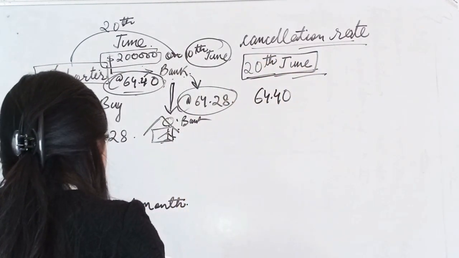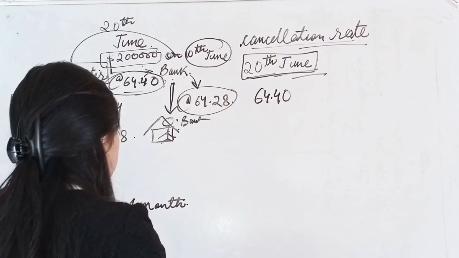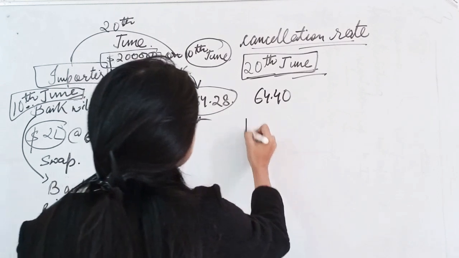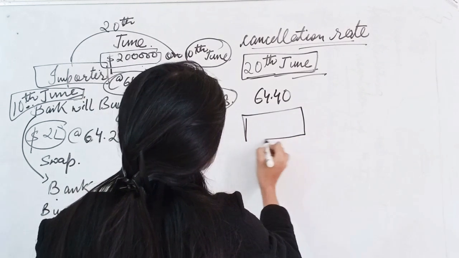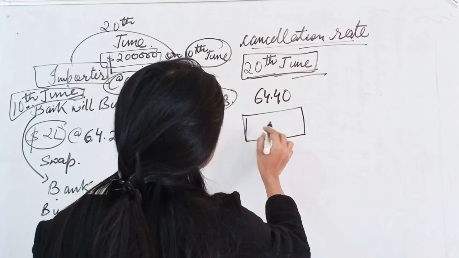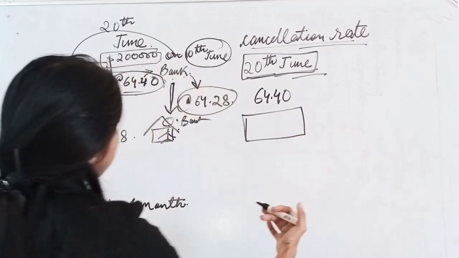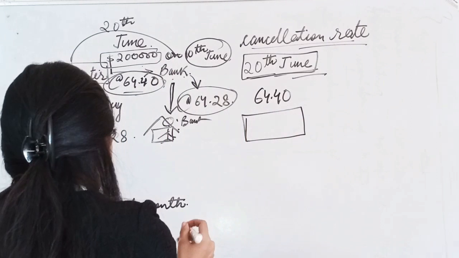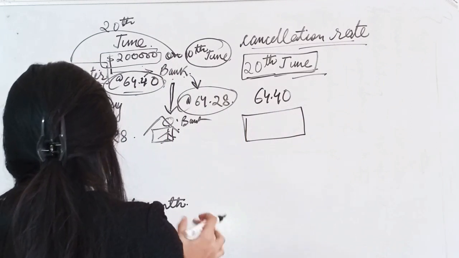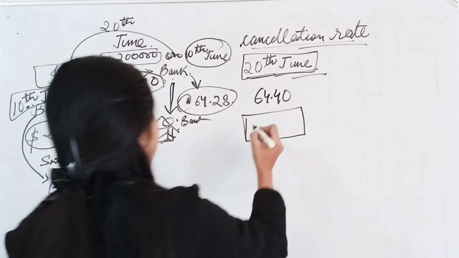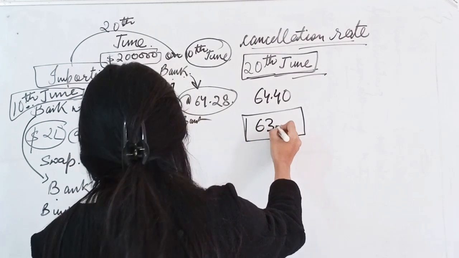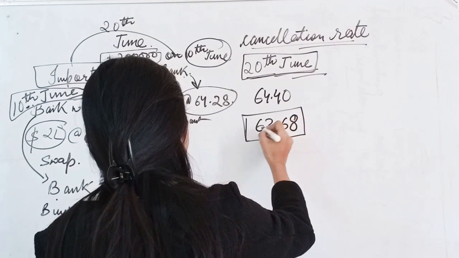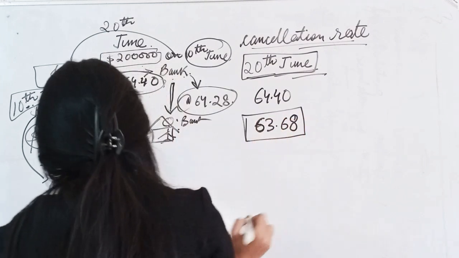The bank will purchase it back from the importer, so which rate will be applicable here? 63.68, because the bank will purchase it from the importer.